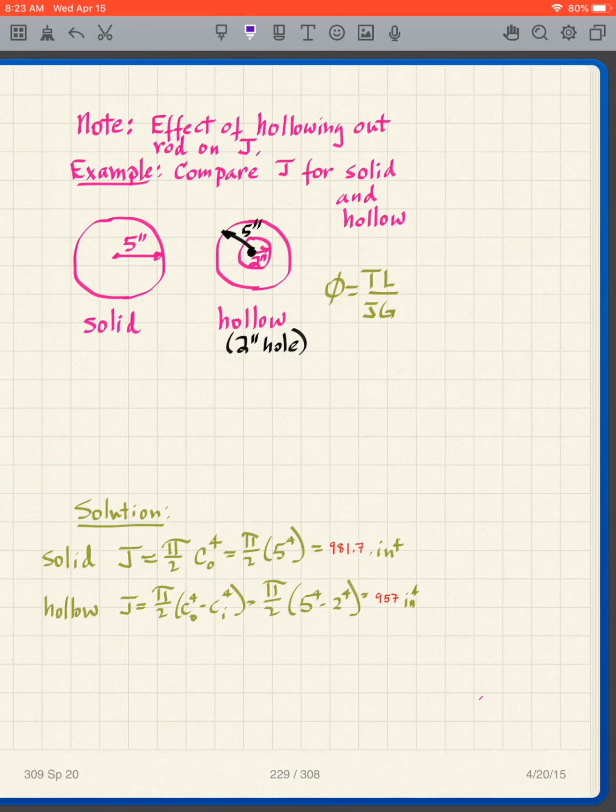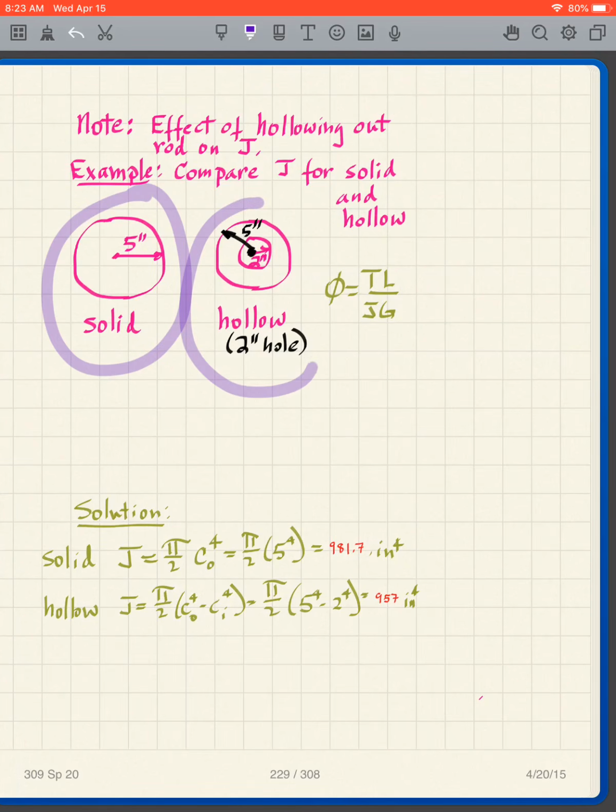All right, I want to say something about the effect of hollowing out the rod or the cylinder shaft on the polar moment of inertia. Let's just do a little calculation. Suppose I have a solid shaft and I have a hollow shaft.